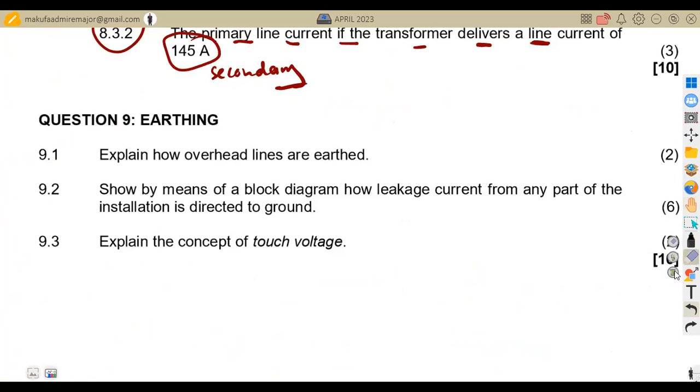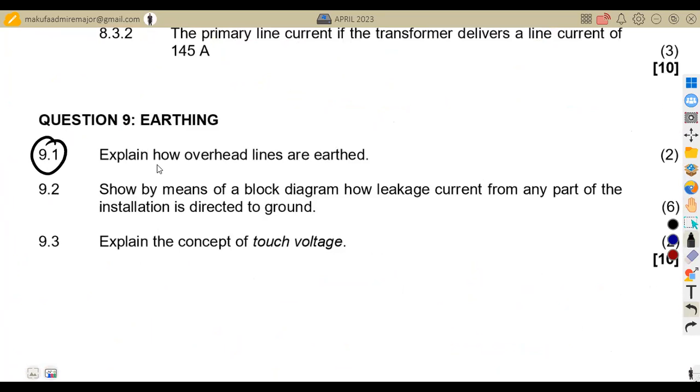Let us check question number 9 there, where we are given earthing. All right, so we are now on earthing. 9.1, we are given: explain how overhead lines are earthed. So that is the earthing part, but we are dealing with an overhead.